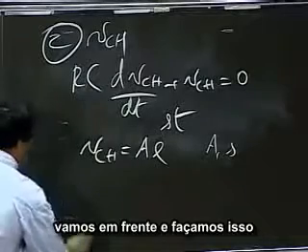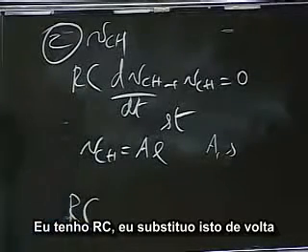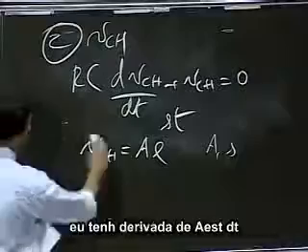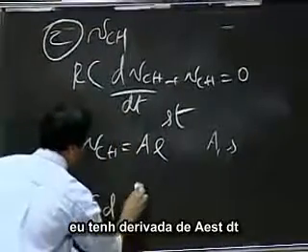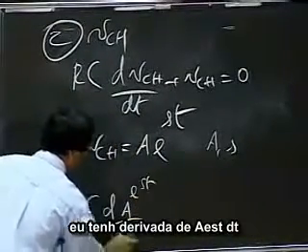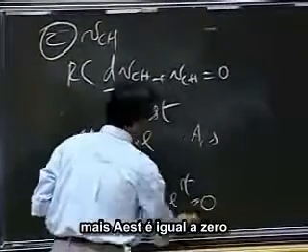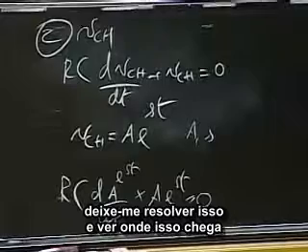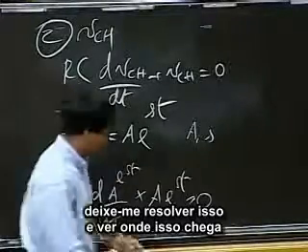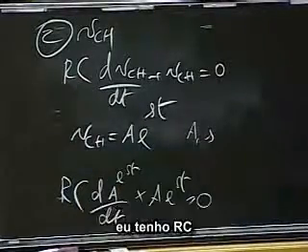So let's go ahead and do that. I substitute this back up, so I get RC d of A e to the st dt plus A e to the st equals 0. Let me plug that in and see what comes.